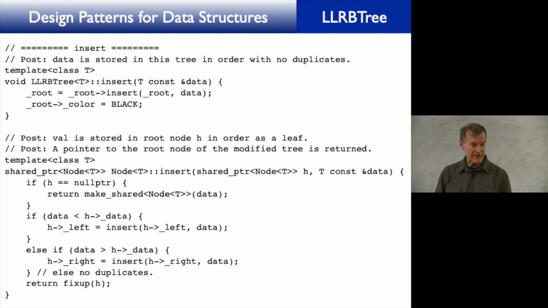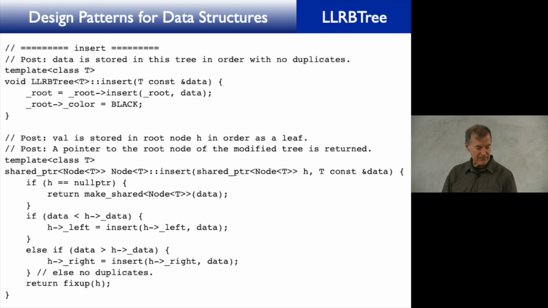So the tree version of insert just calls the node version of insert. And then after it does all of its stuff, root arrow color gets black. I think we went through this at the end of class last time.